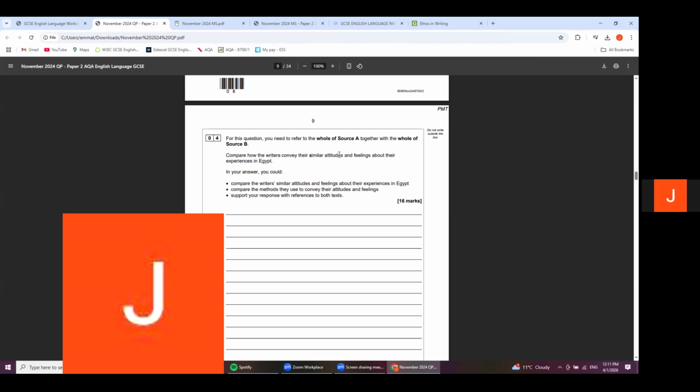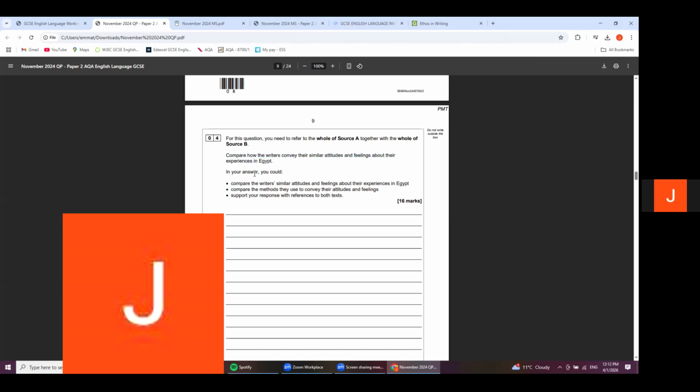Similar attitudes. So we're looking for similarities between the sources. So we know the wording of the question is giving us lots of clues straight away. So we're going to focus on attitudes and feelings about their experiences in Egypt. So we've got the focus there, and this is what we're looking for. How do they get across their attitudes and feelings through words? And we're going to compare them. We're going to look at the similarities. Okay, we're going to weigh them up.